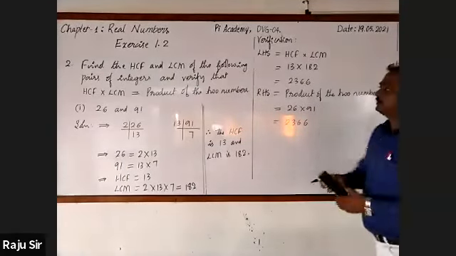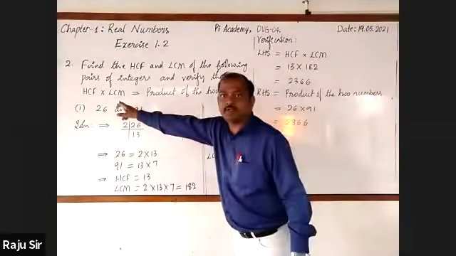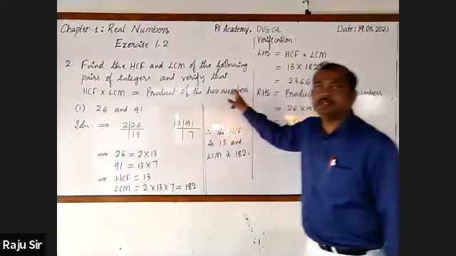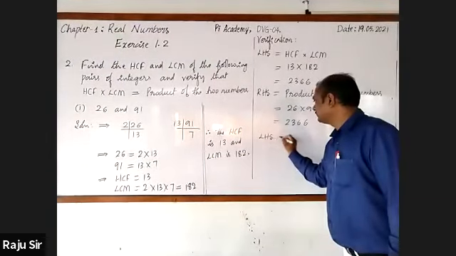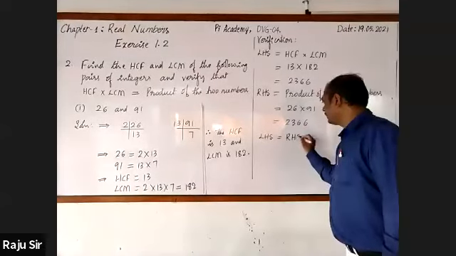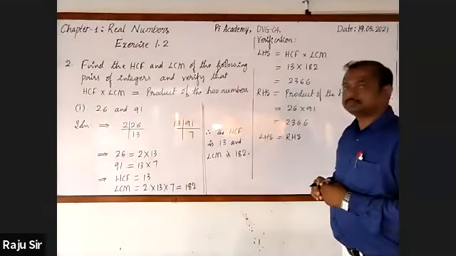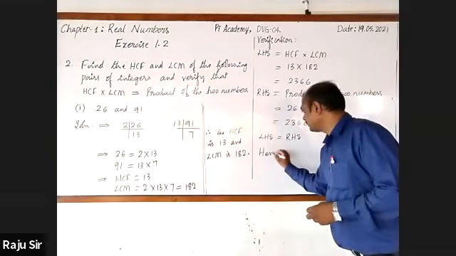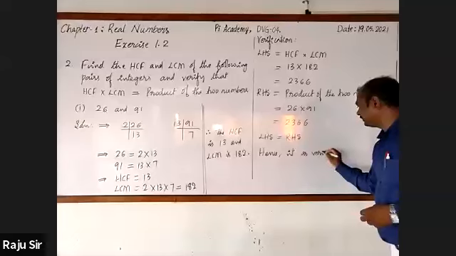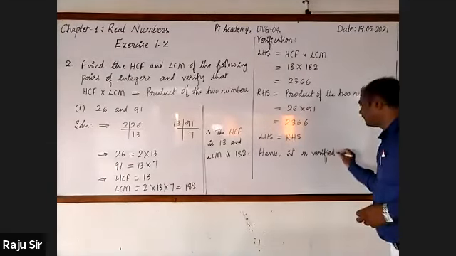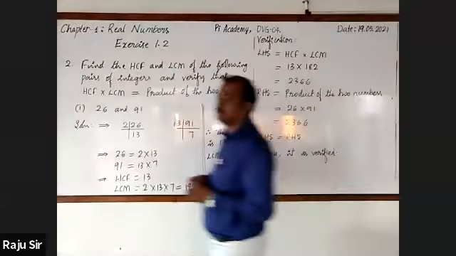Hence, you can see that the product of HCF and LCM is equal to the product of the given two numbers. So here I write LHS is equal to RHS. Hence, it is verified.